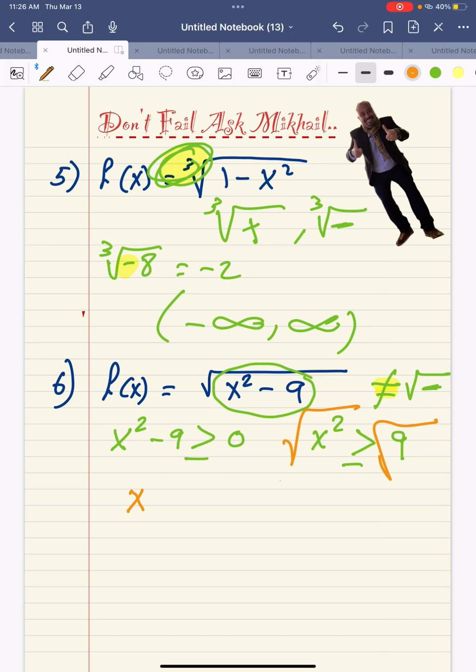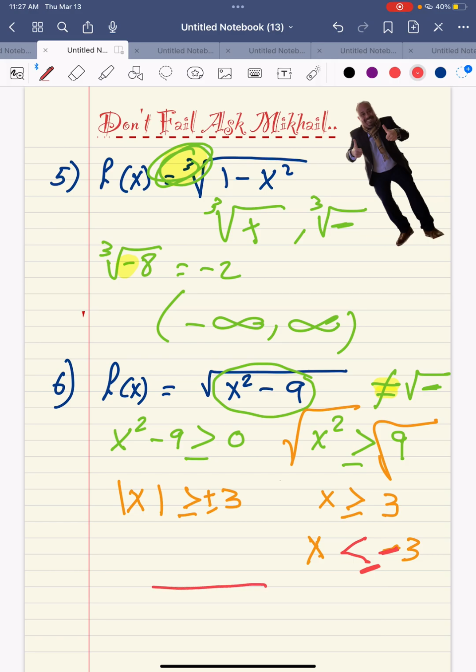The x actually is greater than or equal to 3, positive or negative 3. Listen, when you deal with the negative, I hope you remember this from the last lesson, you have to flip the sign. When you do inequality, you have to flip the sign when dealing with the negative.